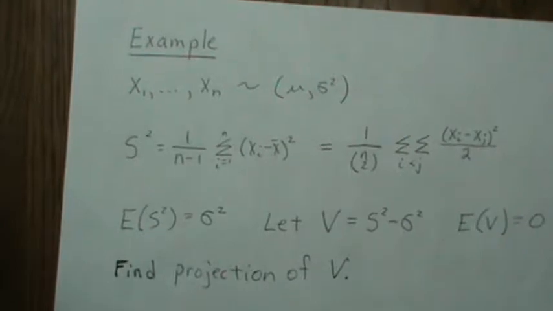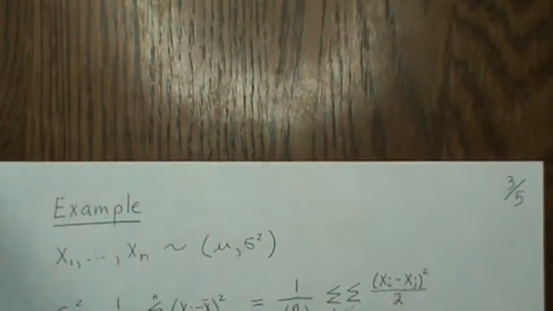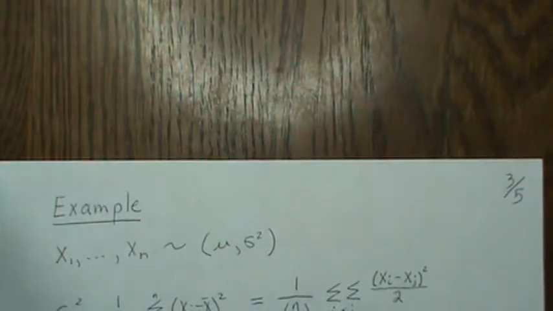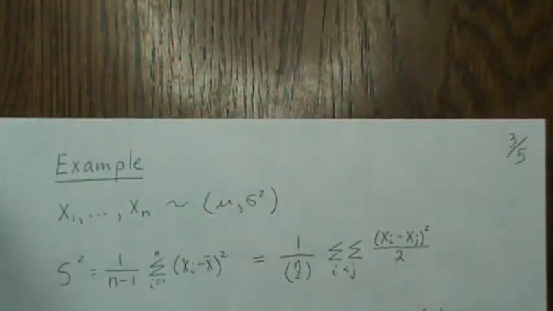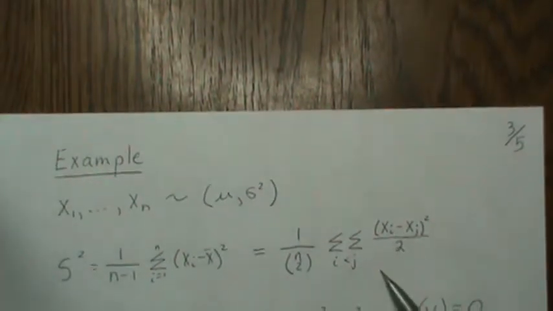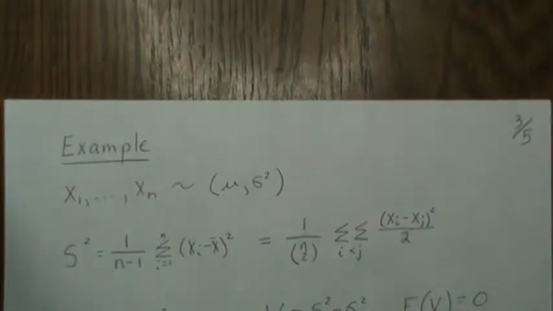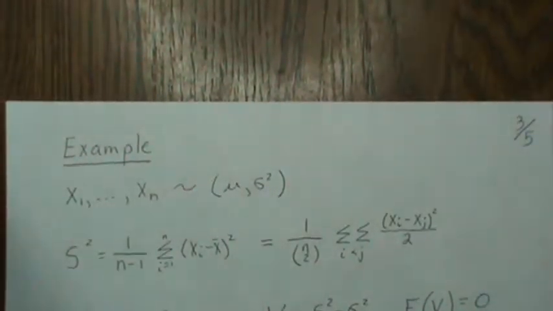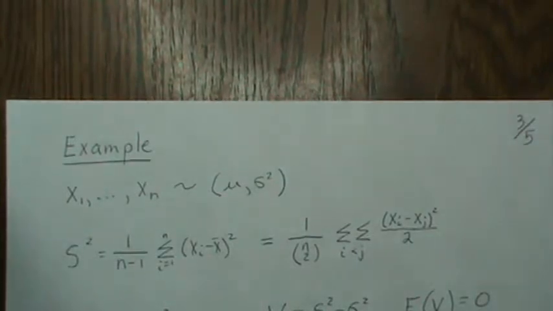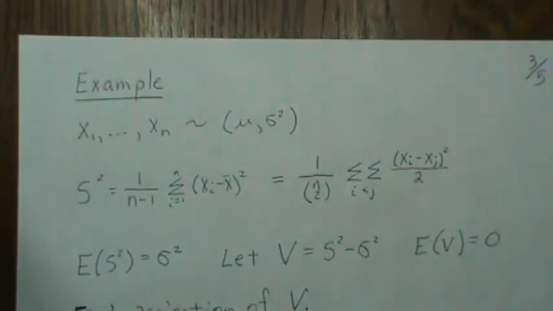So now, in this example, we assume our data follows some distribution, and here's the sample variance, and here's another formula for the variance, and it's a U statistic, so that is kind of nice that we're going to borrow from that.